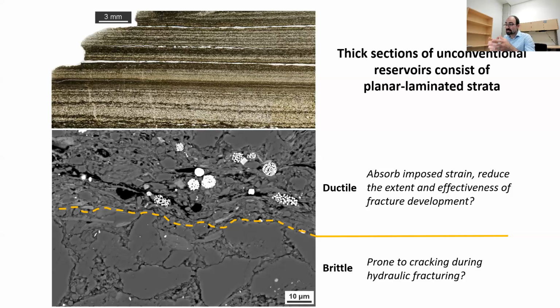This interplay between brittle and ductile forces in planar laminated strata, again the most ubiquitous feature of fine-grained sediment, raises an important question for future research: does hydraulic stimulation result in sub-millimeter scale lamina-bounded horizontal fractures?